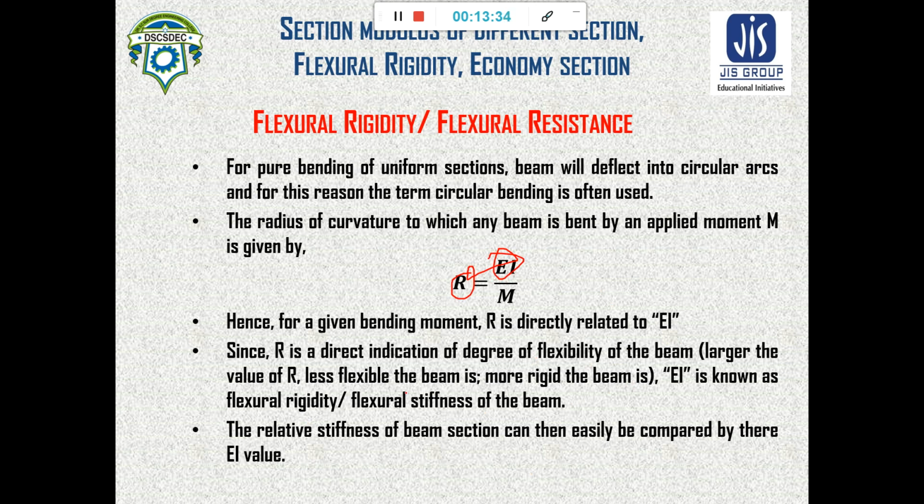Now, R is a direct indication of the degree of flexibility. If R is less, the beam is more rigid, and if R is large, then the beam is more flexible.